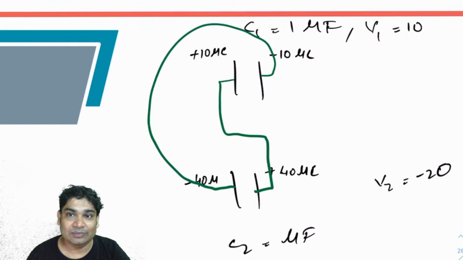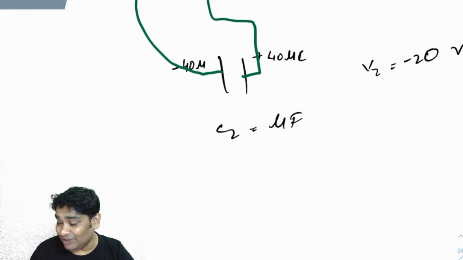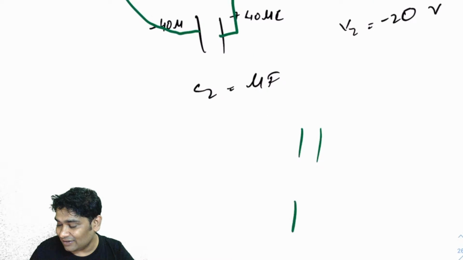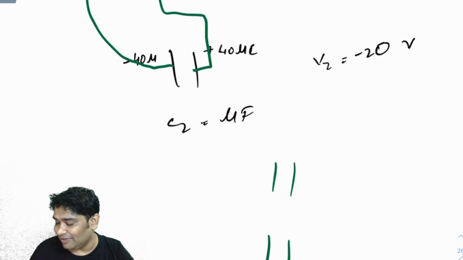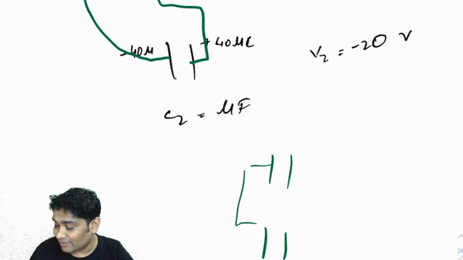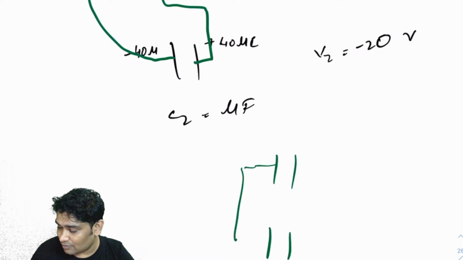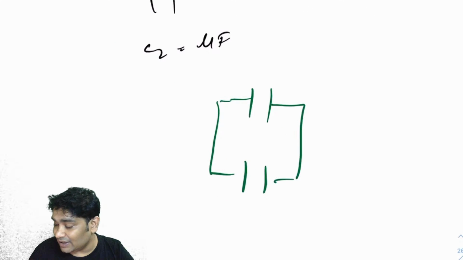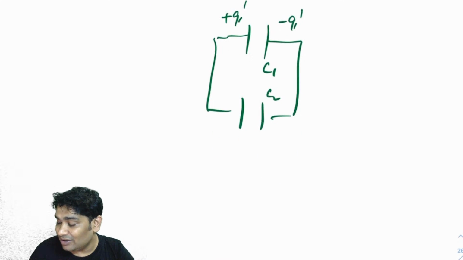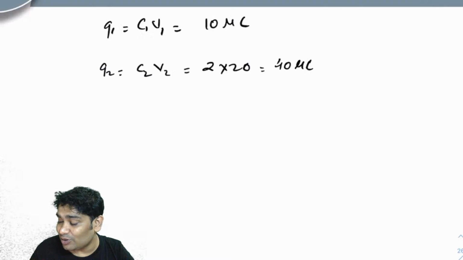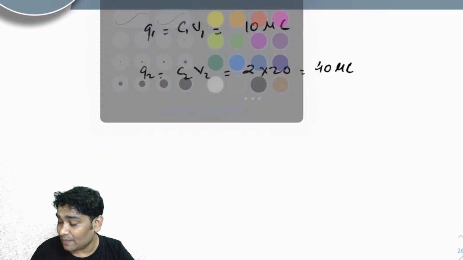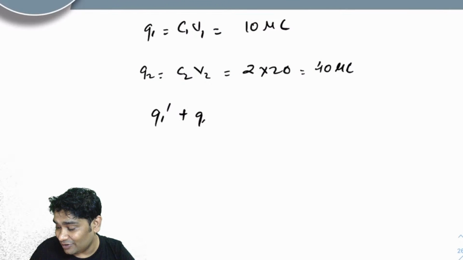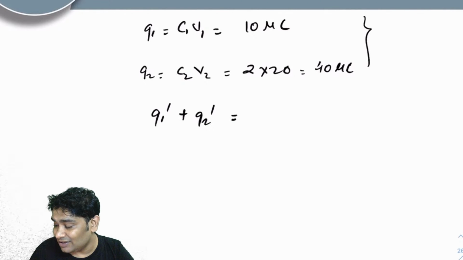So please remember that. Let's redraw this, and now I'm just making the wires simple. Let's say that C1 and C2 have charges of plus Q1 dash, minus Q1 dash, plus Q2 dash, minus Q2 dash. So what I can say is Q1 dash plus Q2 dash equals this plus this, so that is 50.